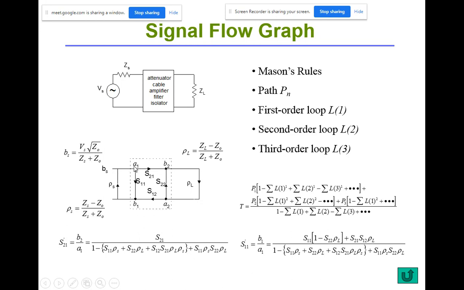You see signal can go from port 1 to port 2. Not only this path, signal can also go all the way, return, and then come back to here. This is another path, isn't it? Or signal can also go all the way to the load, come back, get reflected again, and get to B2.